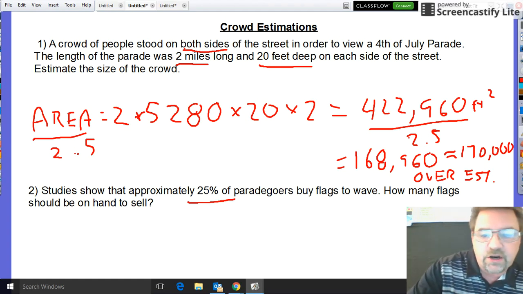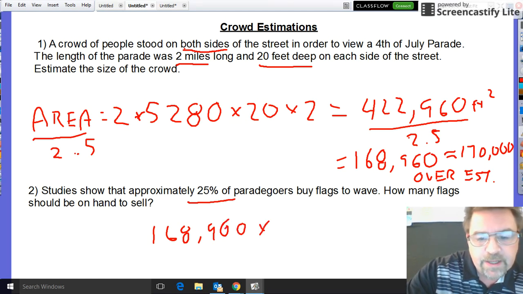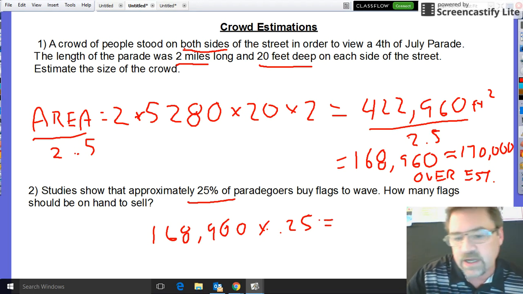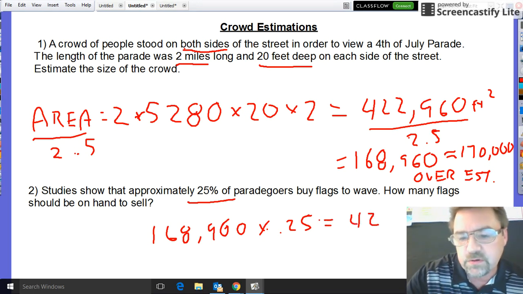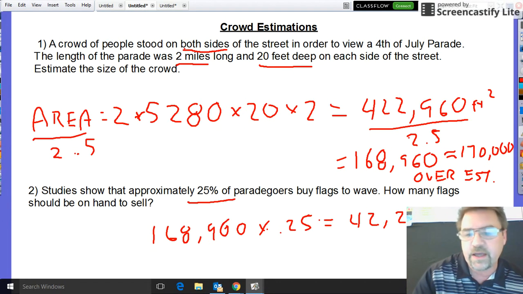So let's just take our original number, 168,960, and multiply that by 0.25 for the 25%. So how many is 25%? That works out to 42,240. Again, this is just an estimate.